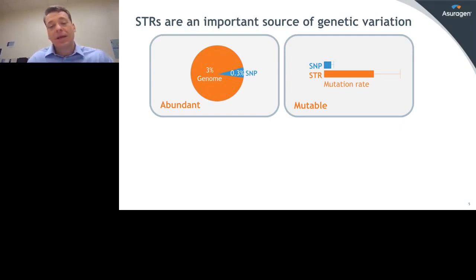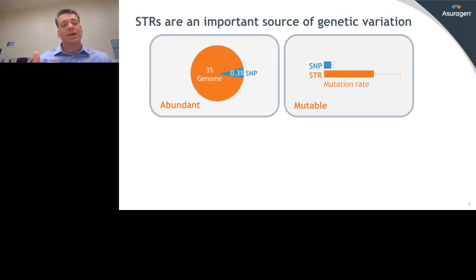In addition to being highly abundant, they're also highly plastic. The per mutation or per generation mutation rate associated with STRs is, or can be, orders of magnitude greater than SNPs. And that means that they can be highly variable in different populations.